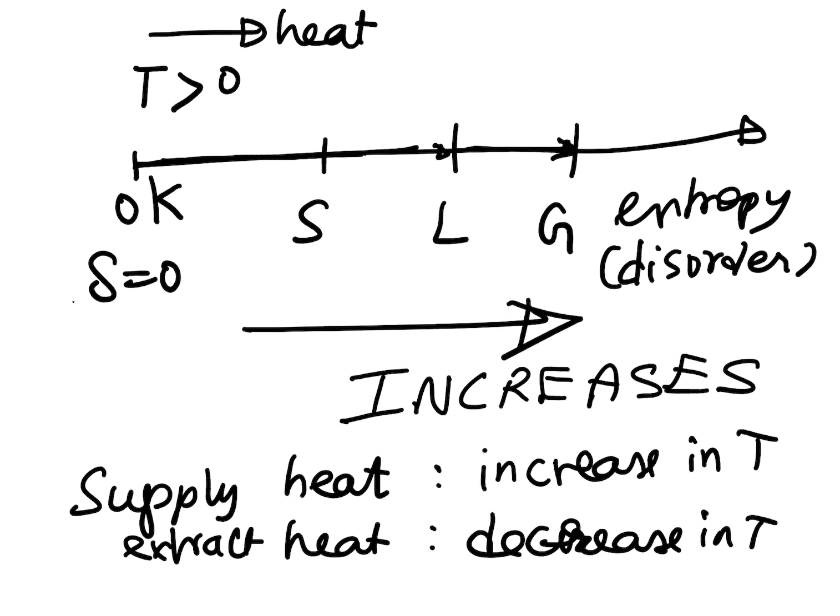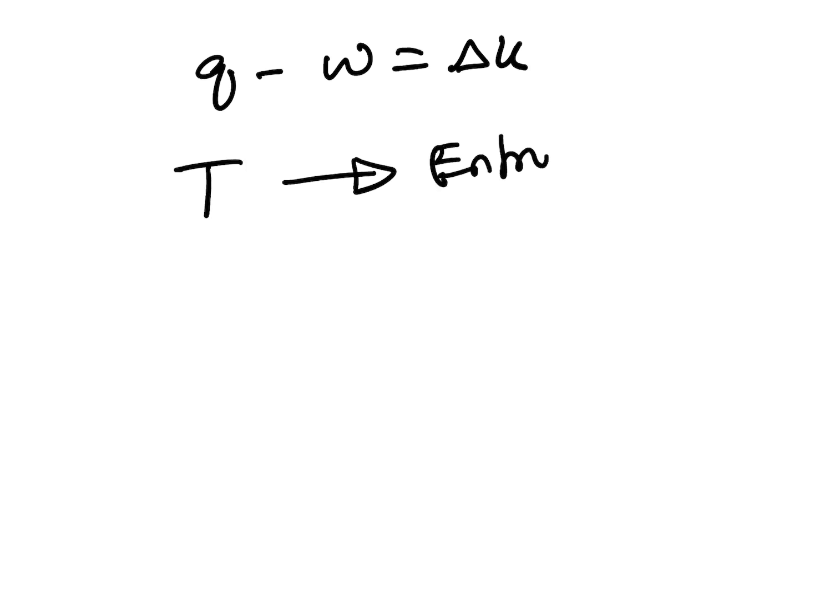We can also do work, extract work, that can also change the heat content through the first law that we have seen before, Q minus W equals delta U. This is also a way to manipulate the temperature, which is related to the entropy. I just said related, it's not exactly the same. Entropy is a different quantity than temperature.